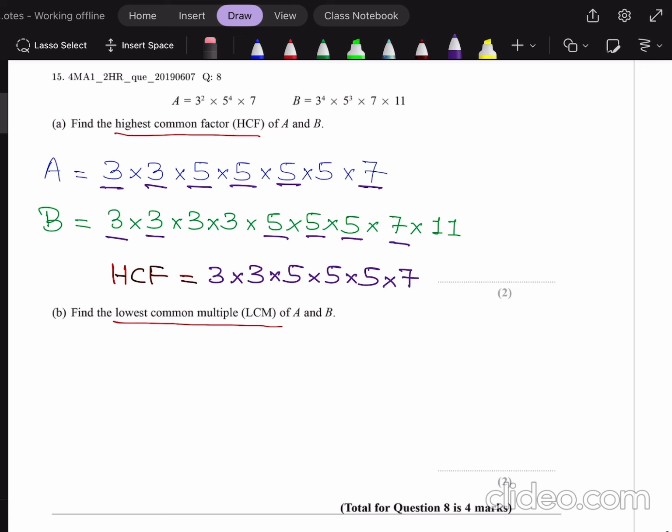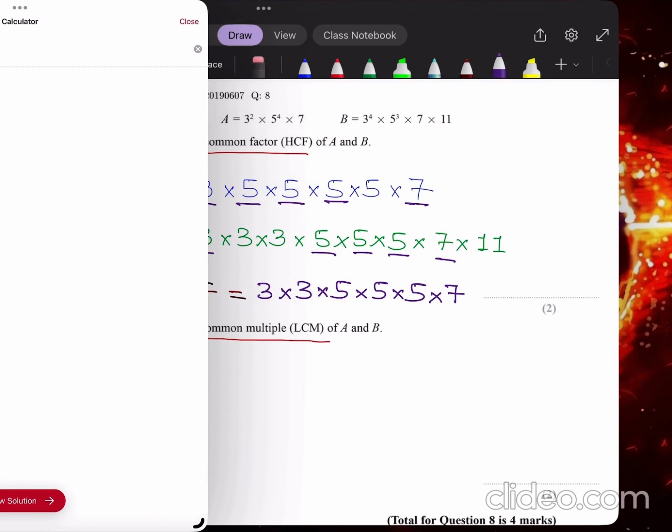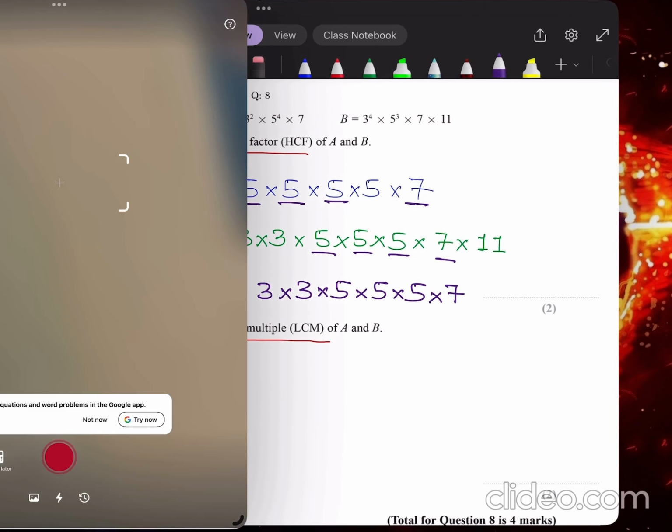So we just need to multiply all these numbers. We can do that using a calculator.